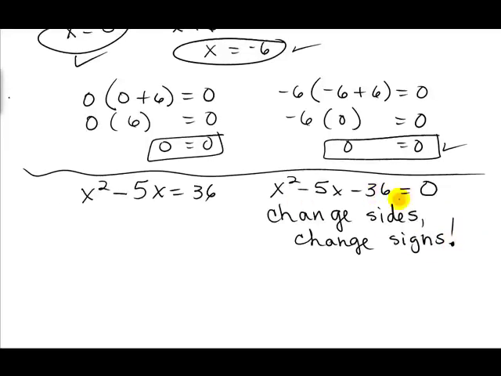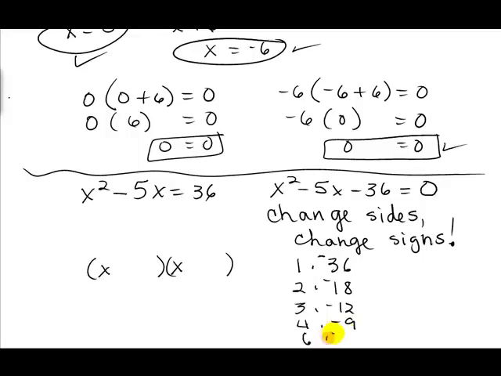I want to factor this now. I want to think about 36. It's negative, and my 5 is negative, so that means my larger number here will have to be the negative. When I combine, do we have a winner?